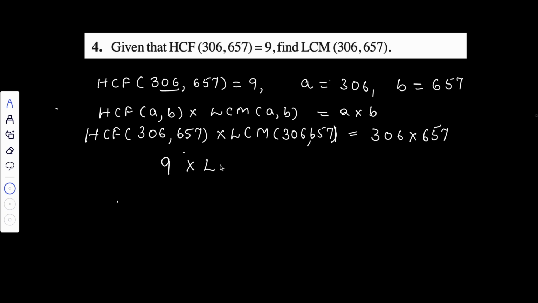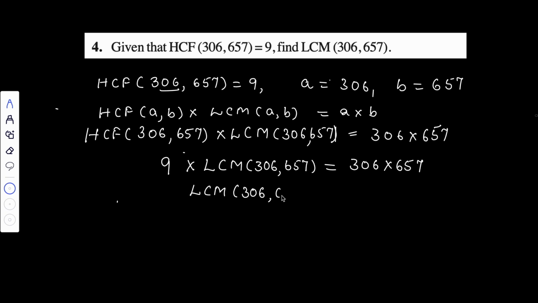We want to find out LCM of 306, 657 is equal to 306 into 657. So we are getting LCM of 306, 657 is equal to 306 into 657 divided by 9.